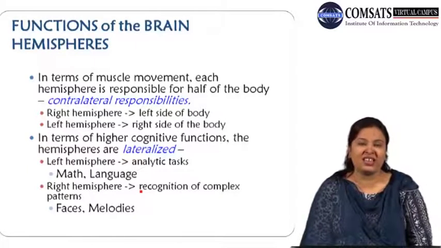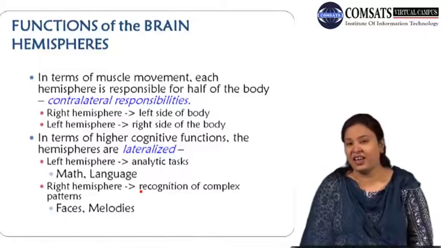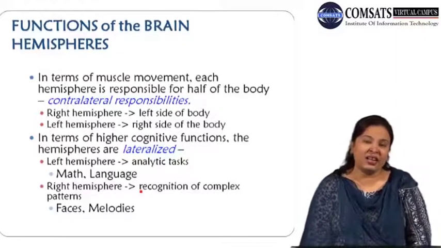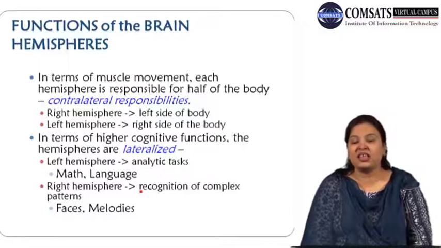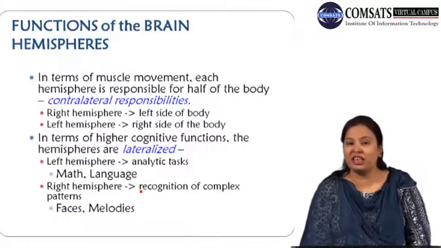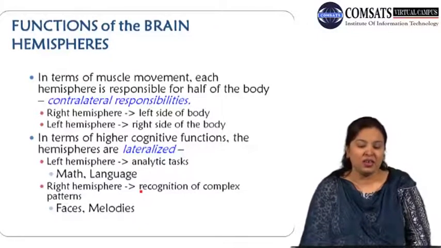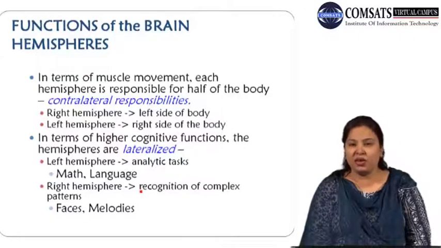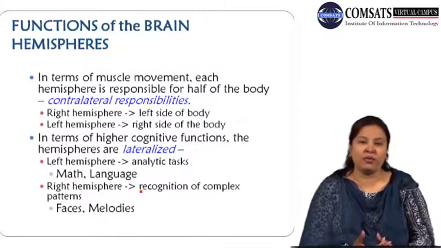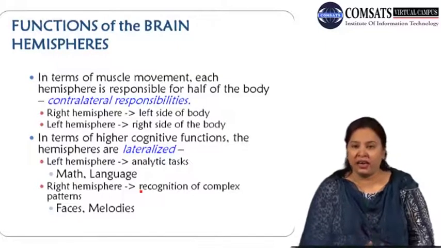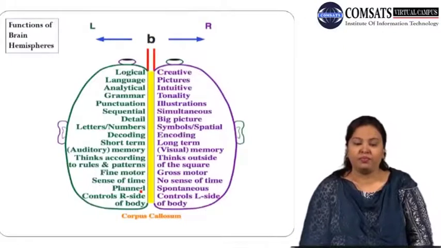On the other hand, the right hemisphere is considered responsible for recognition of complex patterns, for example faces, melodies, and memory. Such things are kept in the right hemisphere of the brain.